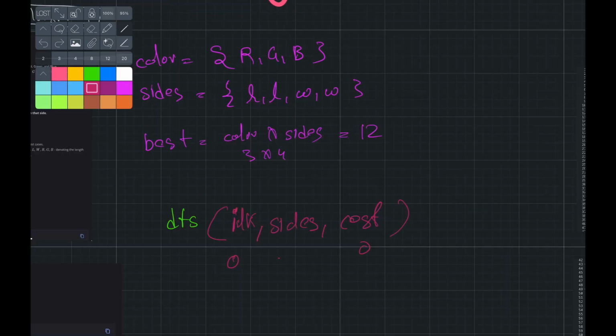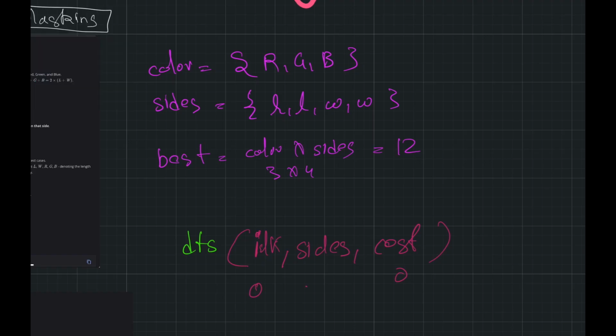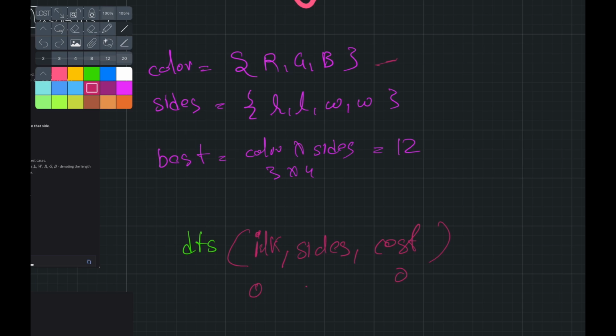See what is here in this. Now in the code we have colors RGB, we have sites LLWW, and our best is 3 into 4 into 12, means we can have each side with the color with 3 colors. Okay, so our best answer will be 12 for now.